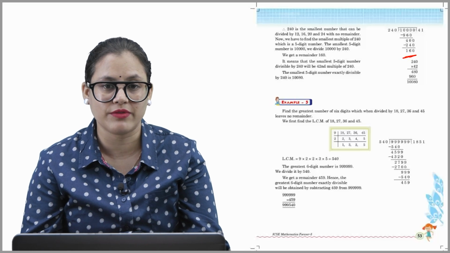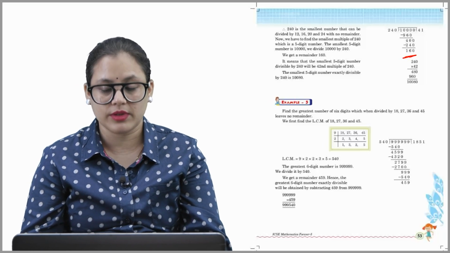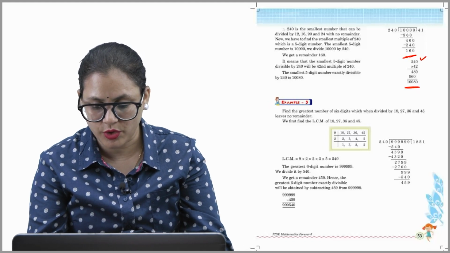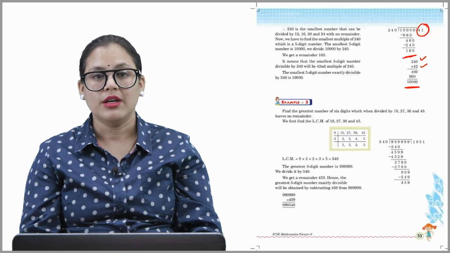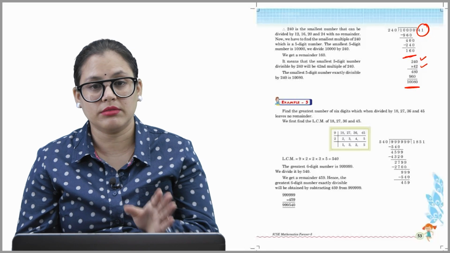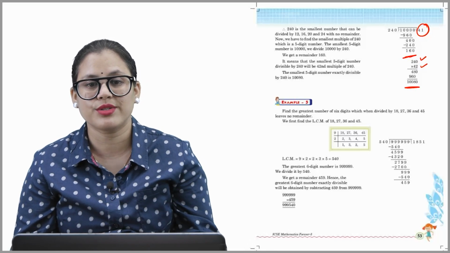So, the smallest 5-digit number exactly divisible by 240 is 10080. You will multiply 240 by 42. Why 42? Because the quotient we got is 41, but there is a remainder also, so we will multiply 240 by the next number after 41, which is 42.